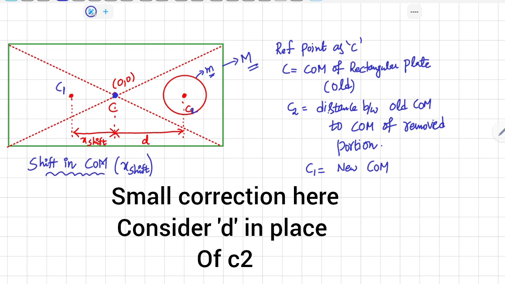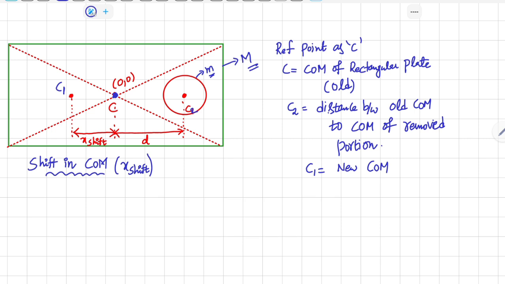Now as I considered C as a reference point, the mass which is left when you remove the circular portion is capital M minus small m. So x1 is equal to x shift, and the mass corresponding to this x1, which is m1, is equal to capital M minus small m.